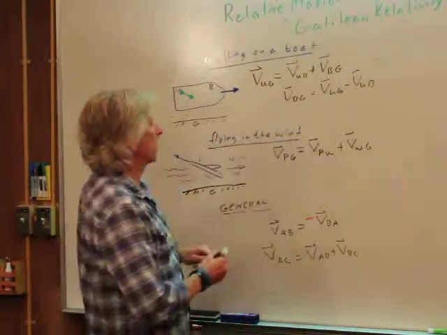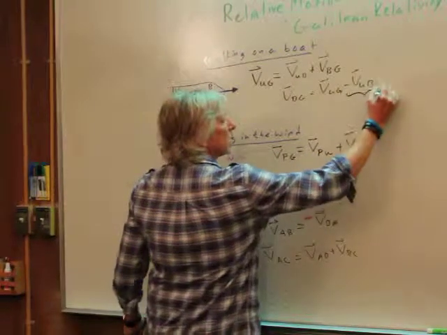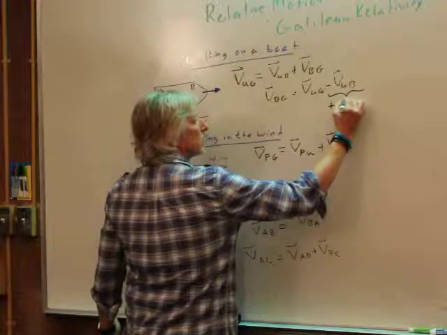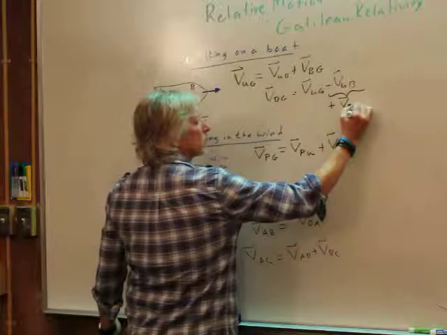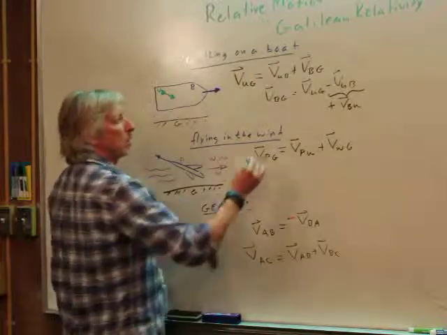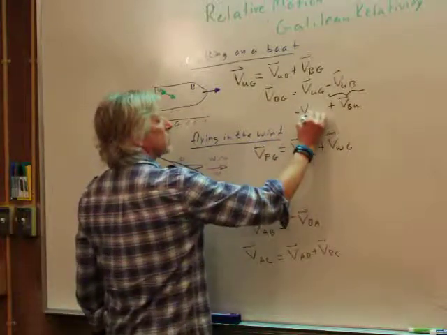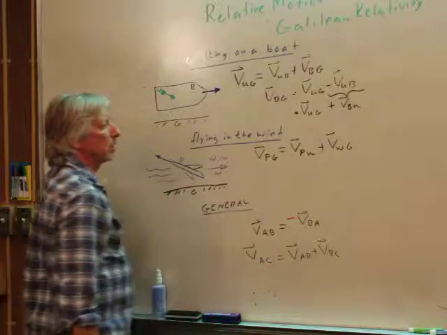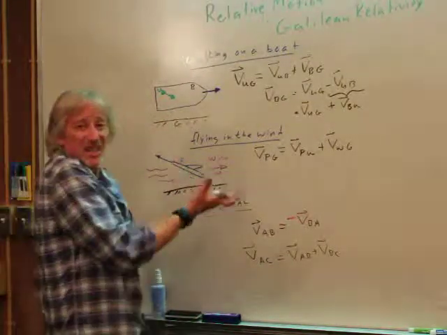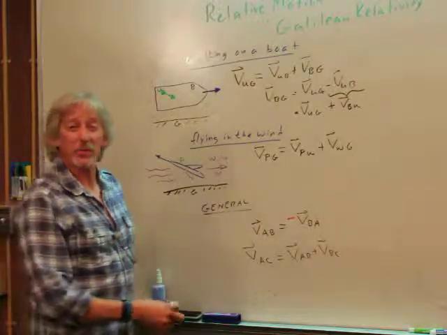This means that the negative velocity of you relative to the boat is the positive velocity of the boat relative to you. And that's the velocity of you relative to that. So I could do that. Wait a minute, I'm totally forgetting what I'm talking about.